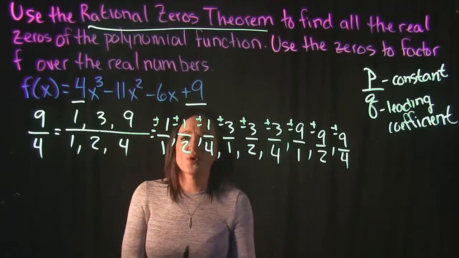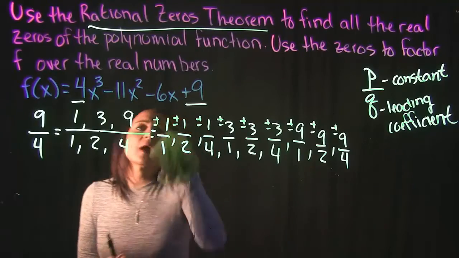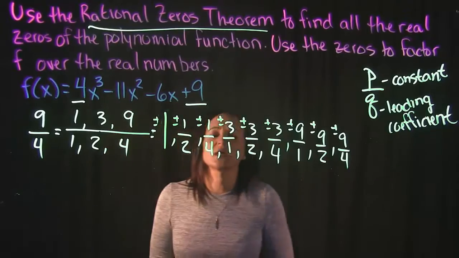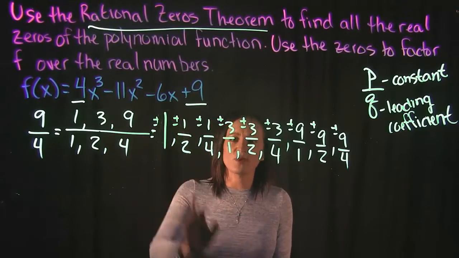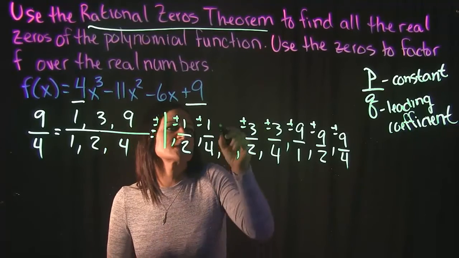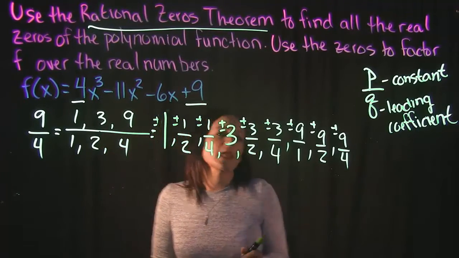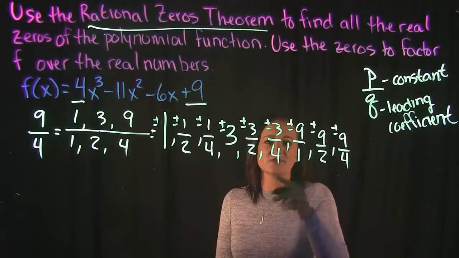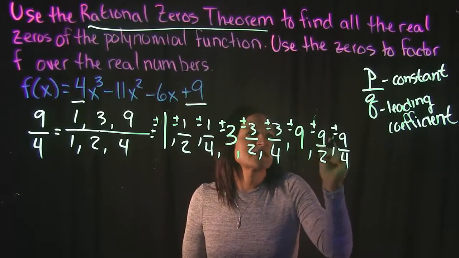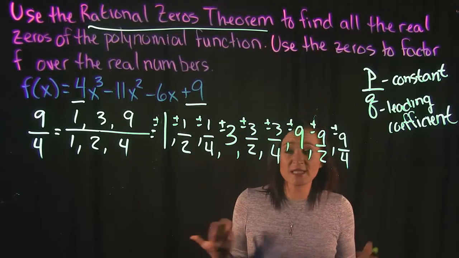For example, 1 over 1 is just a 1, so I can put that in as a 1 here. 1/2 doesn't simplify, 1/4 doesn't. 3 over 1, I'm just going to write that as a 3. 3/2 doesn't simplify, neither does 3/4. 9 over 1 is simply just a 9, and it looks like that's it.